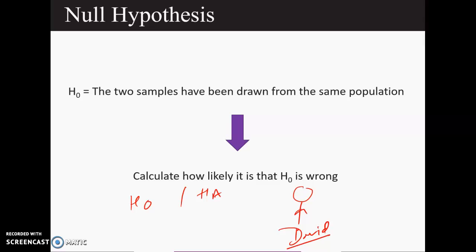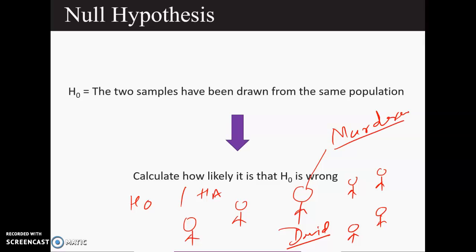Many people in his society are saying that David is a murderer, and they filed a case in the court of law. So what will happen? In the court of law, the judge is here.